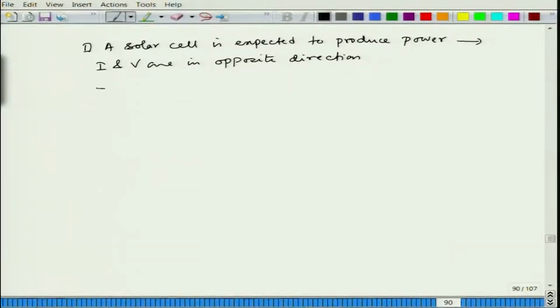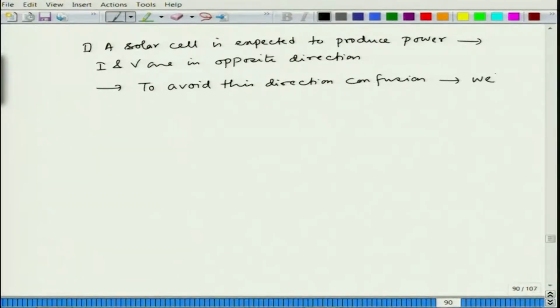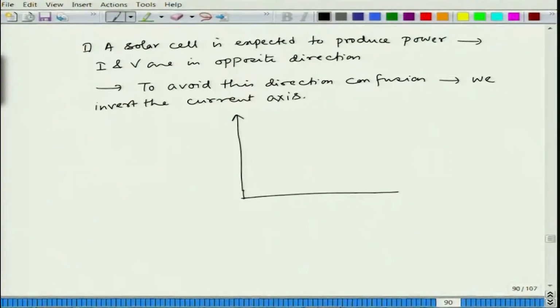So, what do we do to avoid this directional confusion? We invert the current axis. We draw I to be positive and V to be negative.